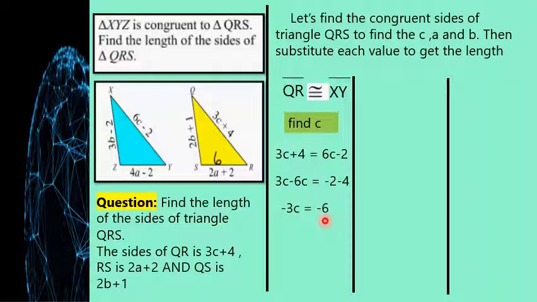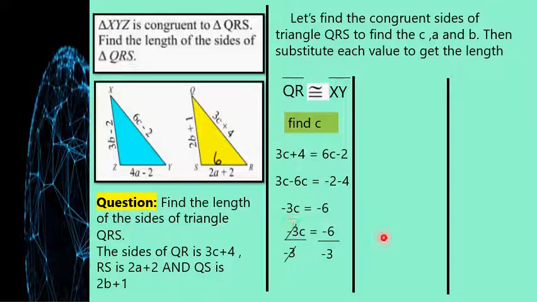Now let's divide both sides by negative 3. Or we can say this is the division property of equality. Or we can use the multiplicative property of equality. So divide both sides by negative 3. I use the division property of equality. Then cancel out the negative 3 to get the value for c only.